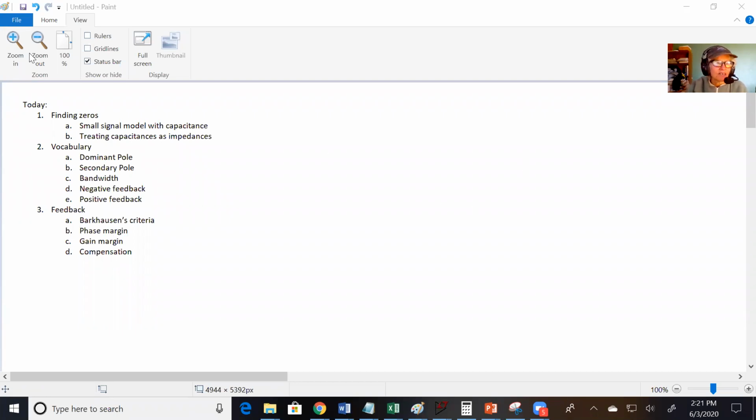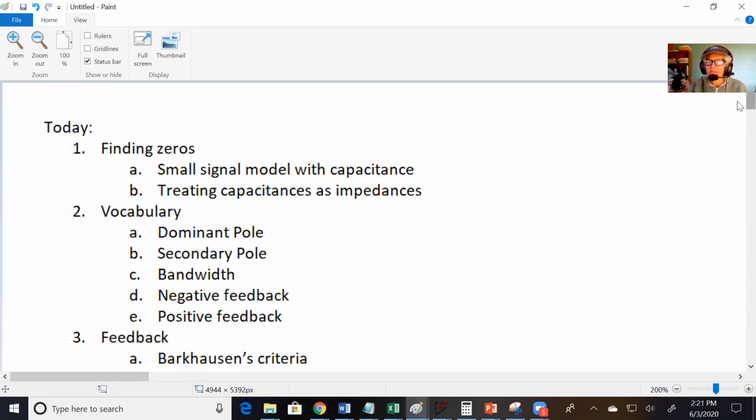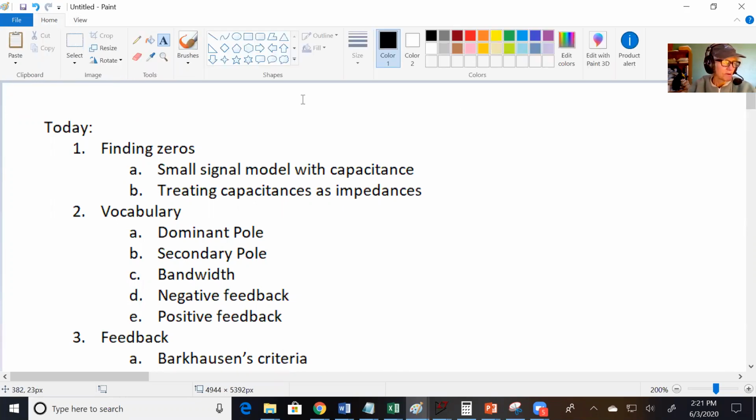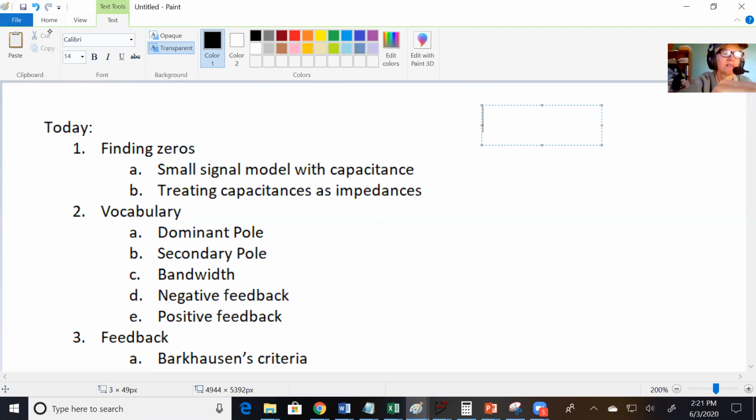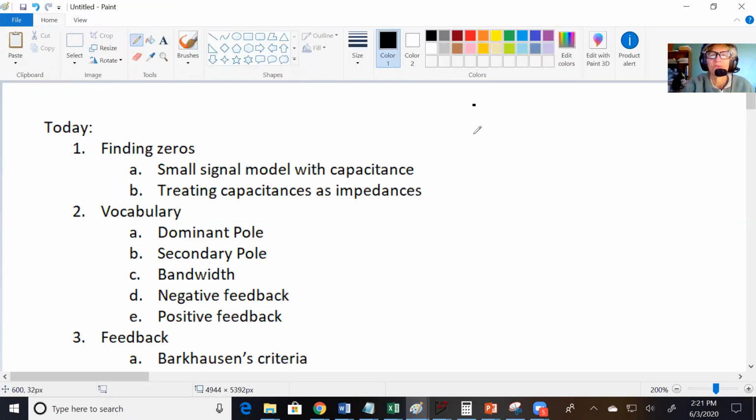Okay, so not sure if this is all visible, but in the last couple of classes, we've seen where R comes from and where C comes from on a node. So if you have two stages, in between the stages there's a node.